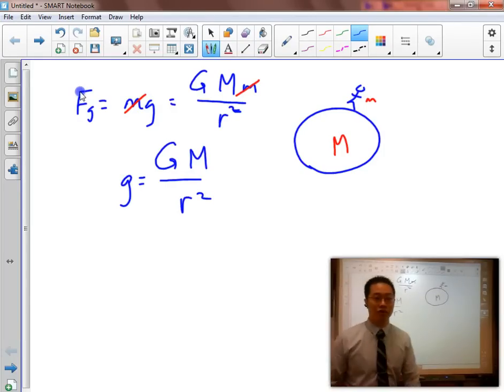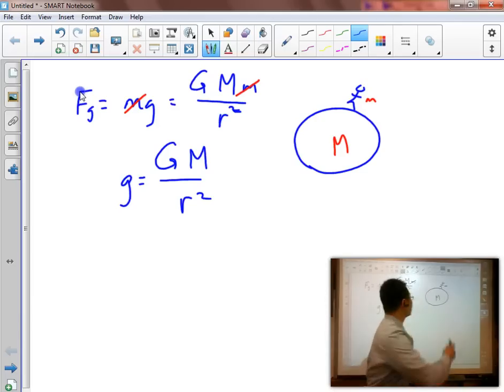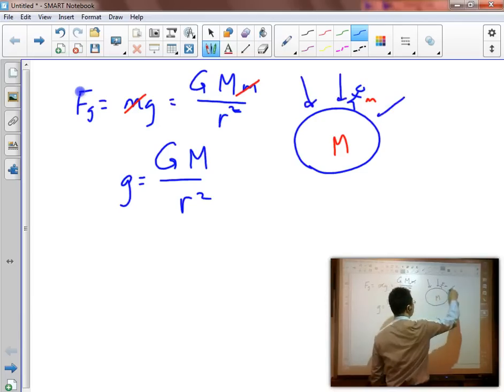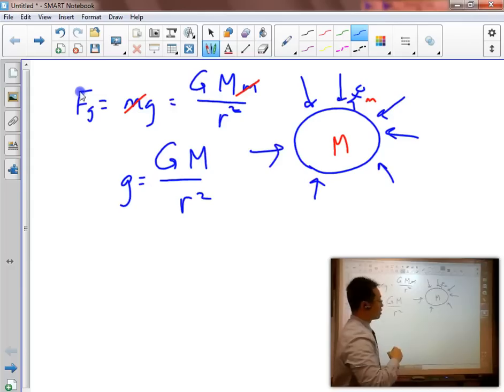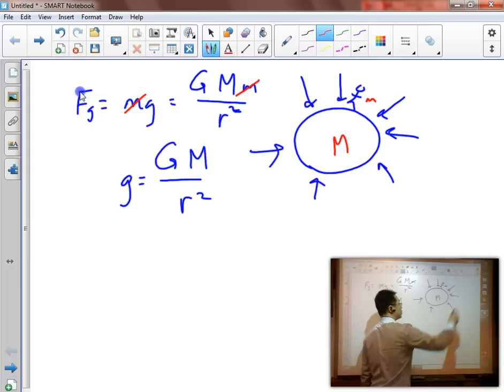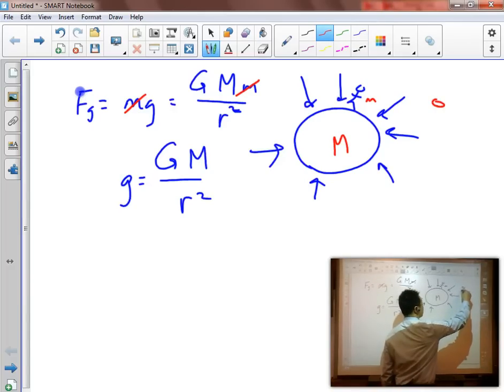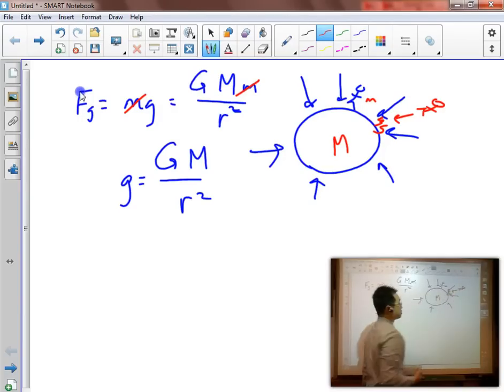And that solves for the gravitational field of Earth. It has nothing to do with the person standing on the Earth, but any person that's placed within this gravitational field will automatically feel a force.